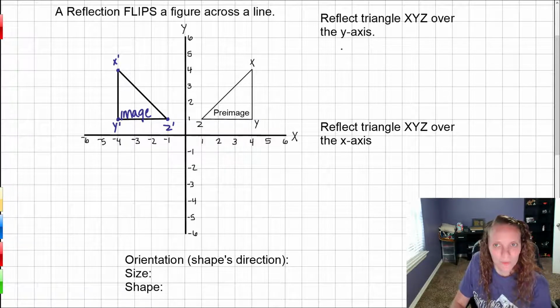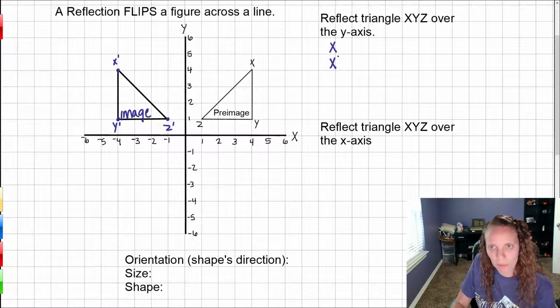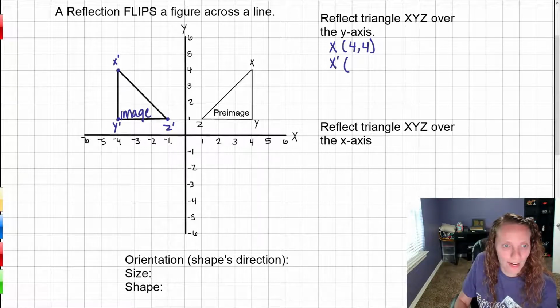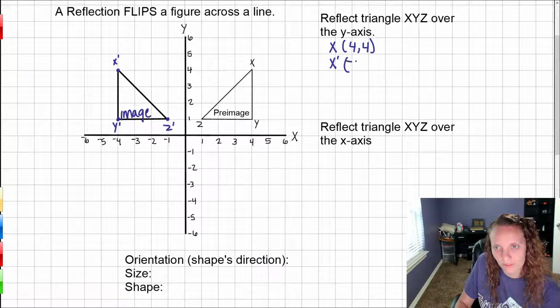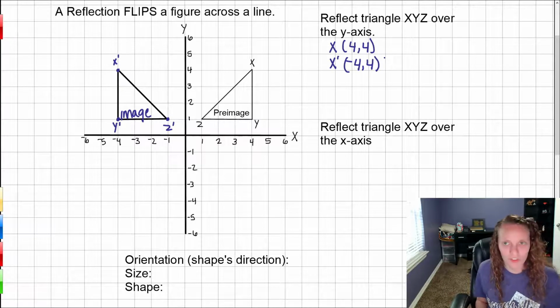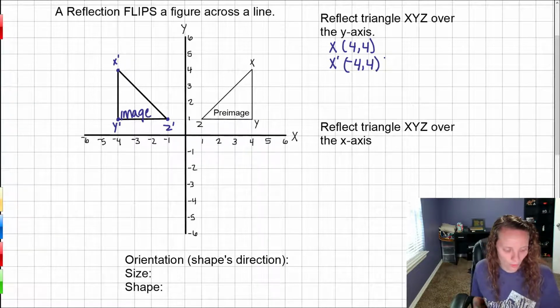Okay, let's see what really happened. So we're going to look at the point x and x prime. X started out at 4, 4. X prime ended up being at -4, 4. So we're trying to figure out maybe what changed from 4, 4 to -4, 4.